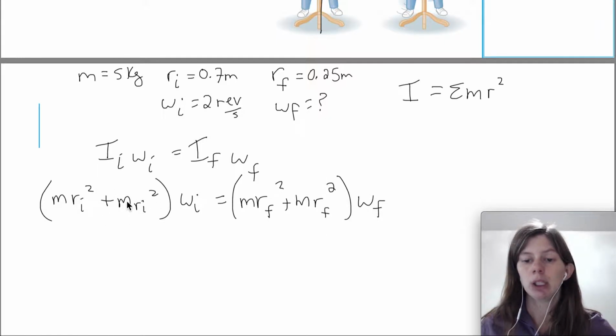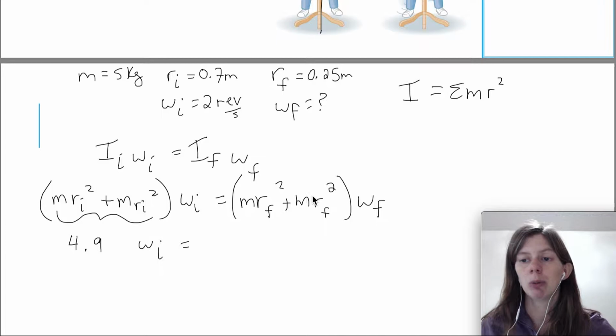So for the initial moment of inertia, you're going to plug in the 5 times the 0.7 squared, and then you're going to do that again, so multiply that by 2 or just add it together. And just since I got numbers, I'll go ahead and write them. I got 4.9 for the initial moment of inertia, and that's going to be multiplied by omega initial.